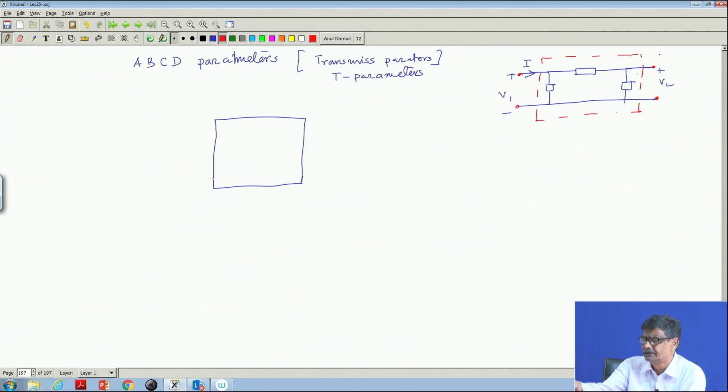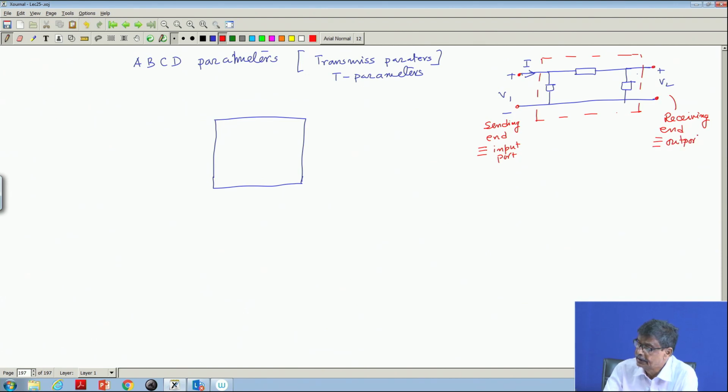The output port is the receiving port, and this is the sending end, which is the input port, and this is the receiving end, which is the output port of the network. Here also it is 3 terminals, essentially 1, 2 and 3, a 3 terminal 2 port network.